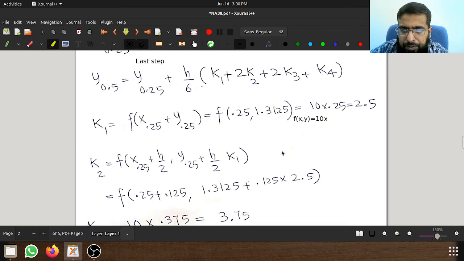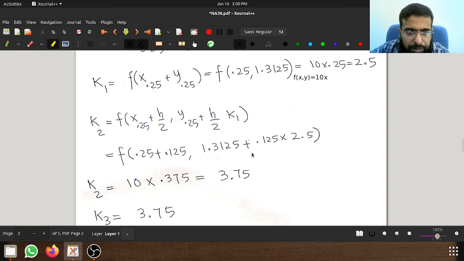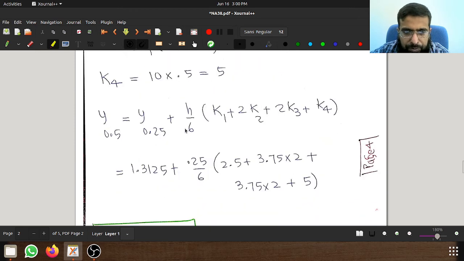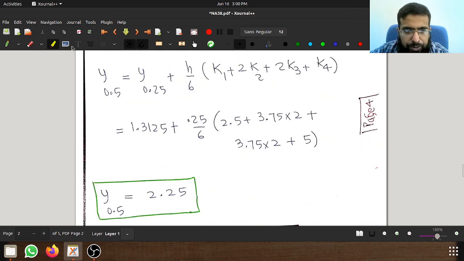Therefore f of 0.25, 1.3125 is 10 multiplied by 0.25, which becomes 2.5, and in a similar way we can calculate k2, k3 and k4, and y of 0.5 turns out to be 2.25.